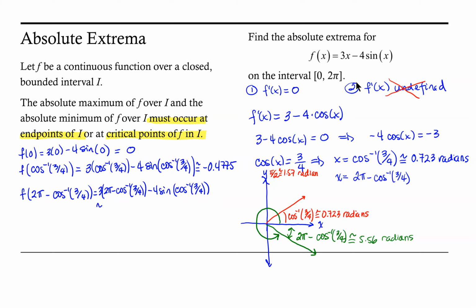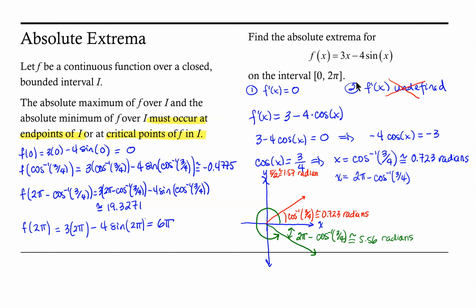We'll approximate this to 4 decimal places, which is 19.3271. And then finally our f at 2 pi would be 3 times 2 pi minus 4 times sine of 2 pi, and that's equal to 6 pi.